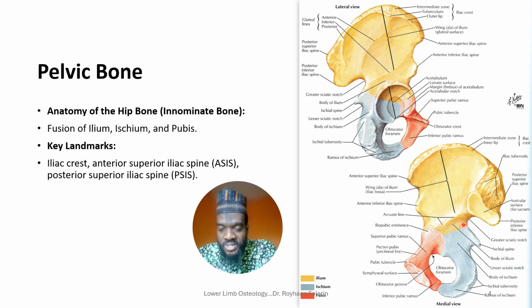So here is the body of the ilium again, and then you can appreciate the greater sciatic notch here from the medial part. Remember, the ilium, in order to contribute to the formation of the pelvic girdle, we need to consider it along with the sacrum, the sacral bone, right?